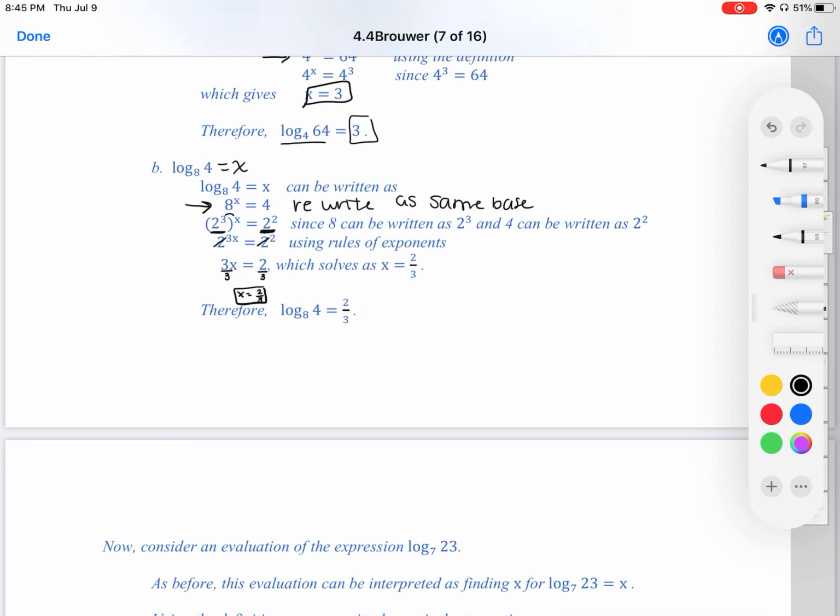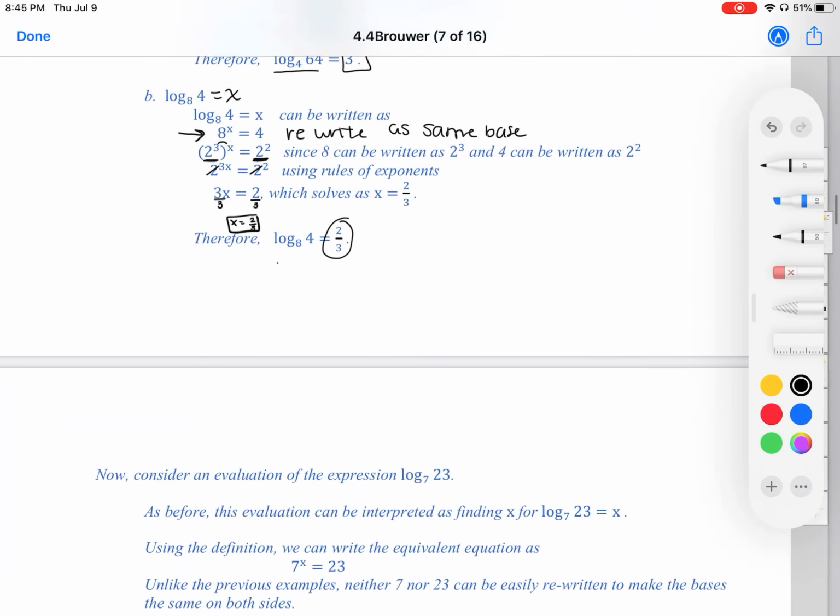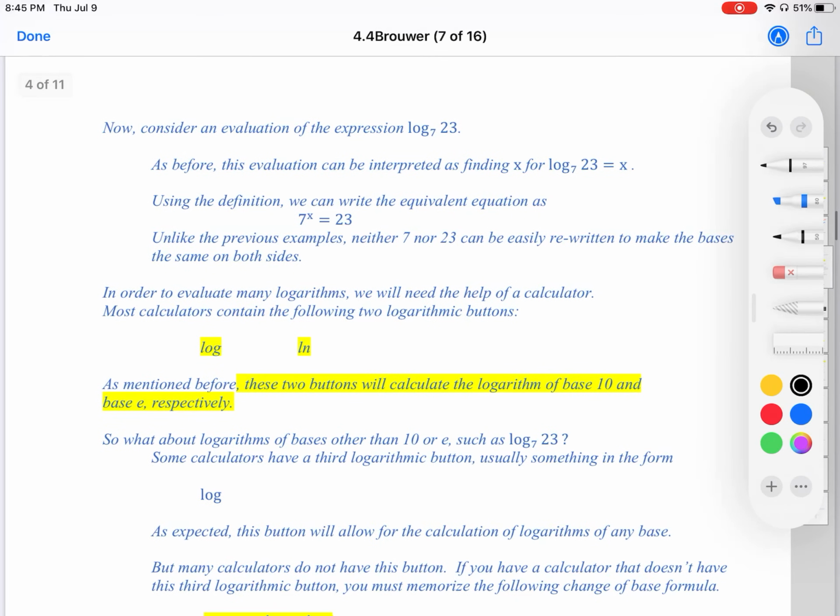So lastly, our answer is log base 8 of 4 is 2/3. Now consider evaluation of the expression log base 7 of 23. As before, the evaluation can be interpreted as finding x for log base 7 of 23 equals x.